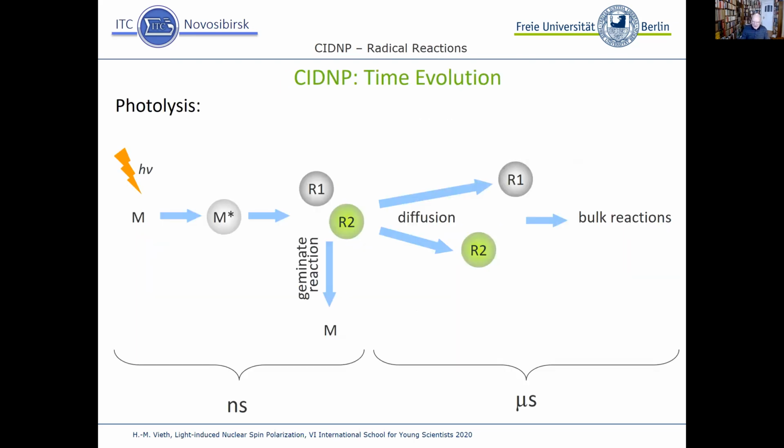So here are some examples in light-induced photolysis of molecules. The molecule M, which is excited, breaks into two radicals, and they react in the geminate reaction and in the bulk. And you can analyze, for example, the reaction timing.